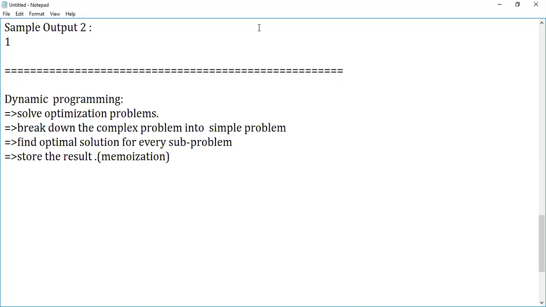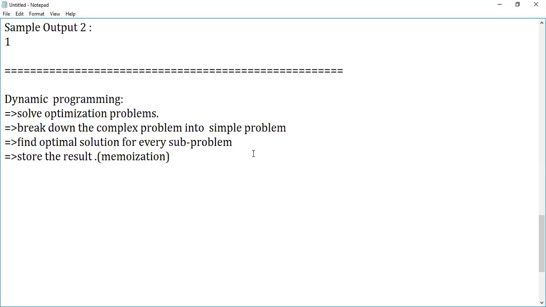The same thing happens here. When the problems are huge and you have the same repeated data, we never start from scratch again. We store the result somewhere, and whenever the same problem comes across, we don't calculate again. We pick the value.